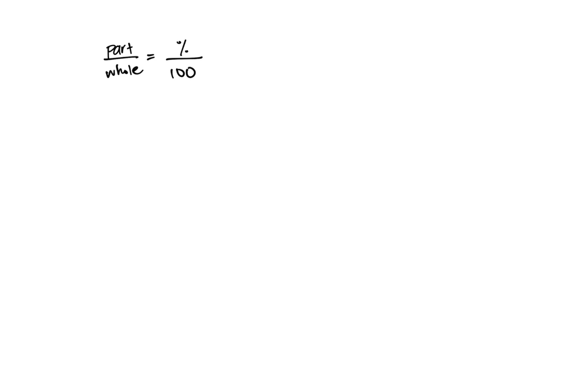And we can use these to solve percent problems. Here's an example. On a test, Julio answered 17 problems correctly. This is 85% of the problems. Find the total number of problems.